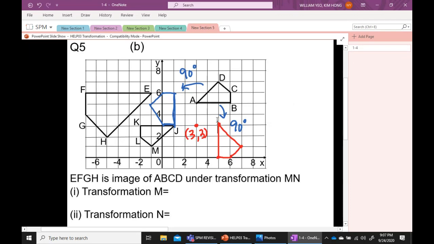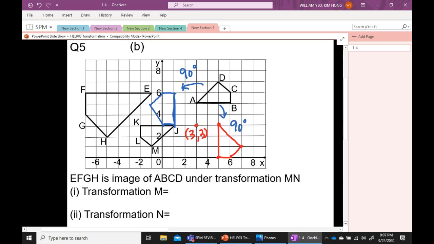Now if you let this be the center, (3, 3), and rotate this anti-clockwise, you will get the blue shape. You won't be able to get this one. And if you rotate this clockwise, you will get the red shape. So I will briefly explain how you get this shape.